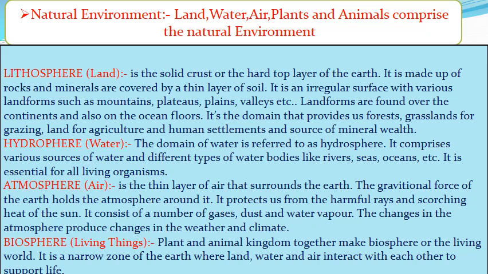First, we discuss the lithosphere. Lithosphere is the solid crust or the hard top layer of the earth. It is made up of rocks and minerals, covered by a thin layer of soil.